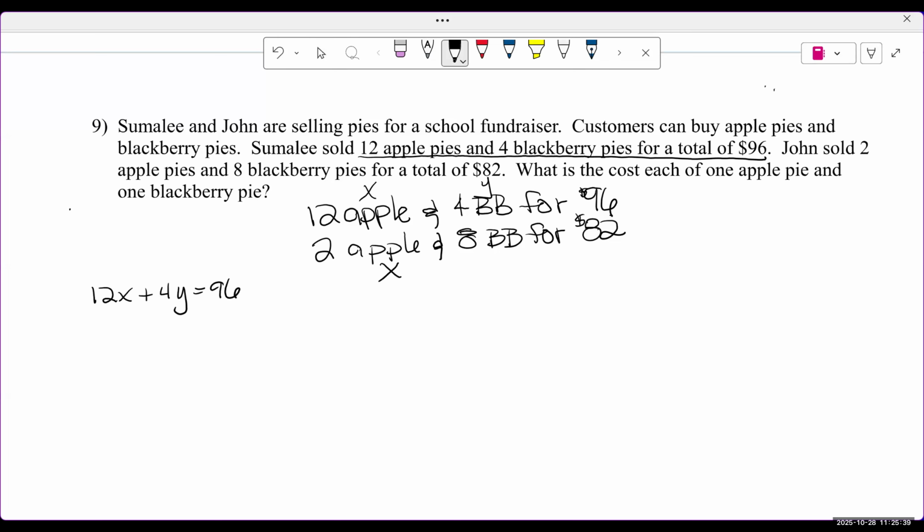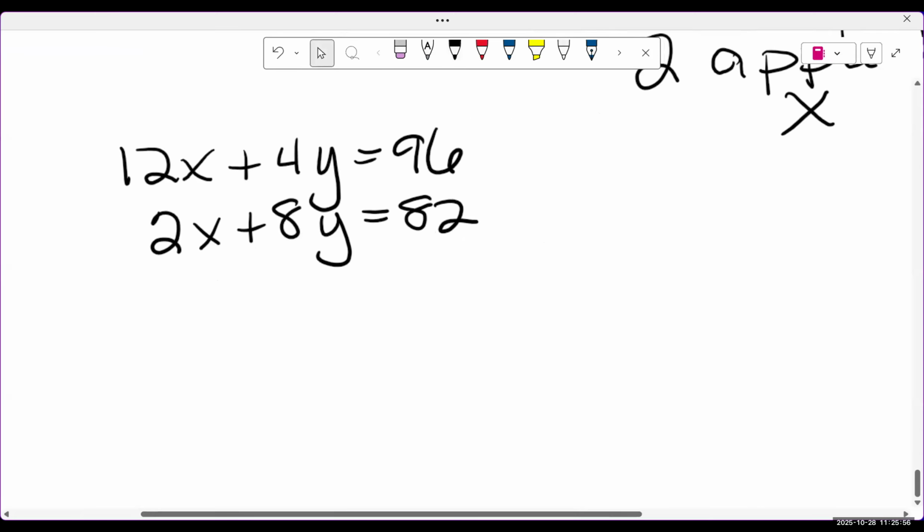And then we have 2 apple and 8 blackberry gave them $82. 2 apple plus 8 blackberry is 82. Okay, so now we have a system of equations.